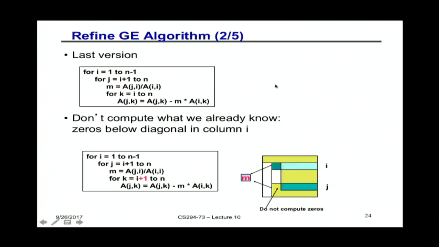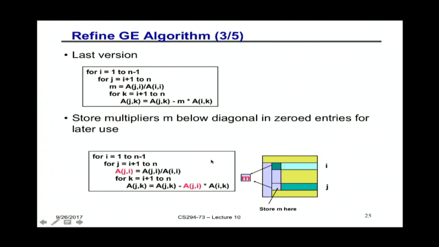And the next one is, what you have computed, you don't need to recompute anymore. So you don't compute what you already know. So the loop here, instead of from i to n, you just need to go from i plus 1 to n, just doing something below the current diagonal, okay? And then here, you store the multipliers m below the diagonal in the zeroed entries for later use.